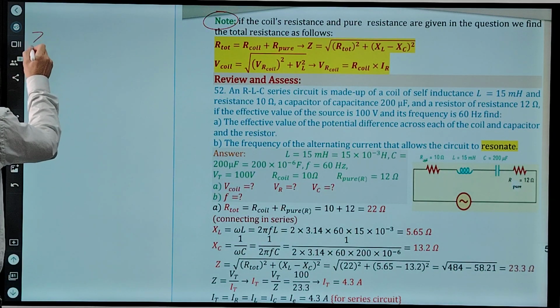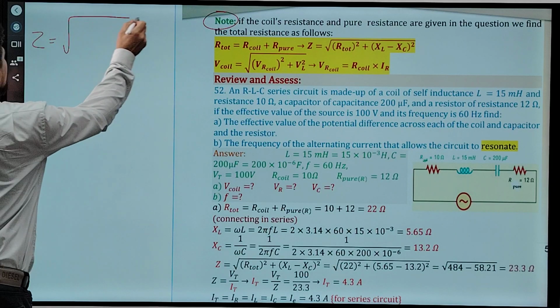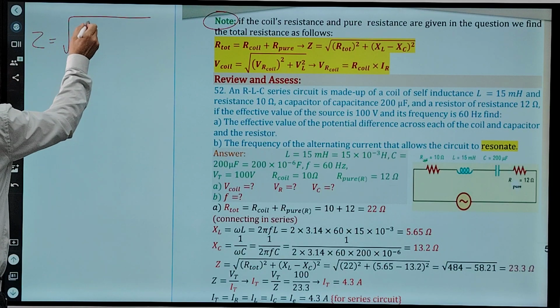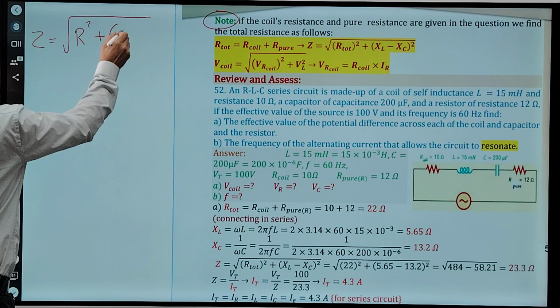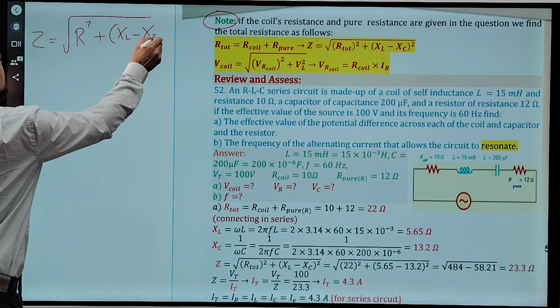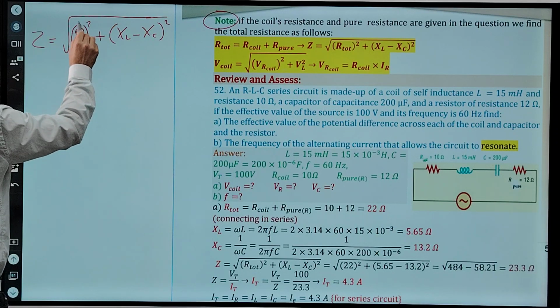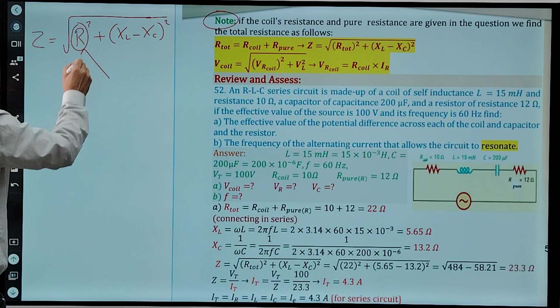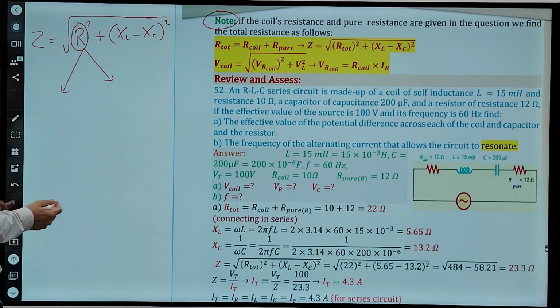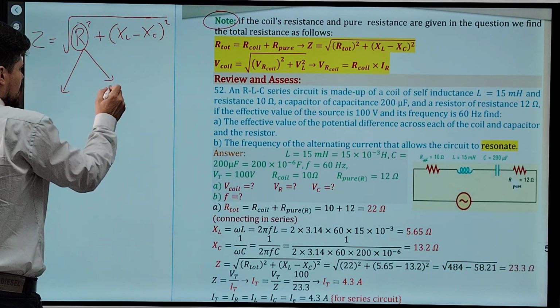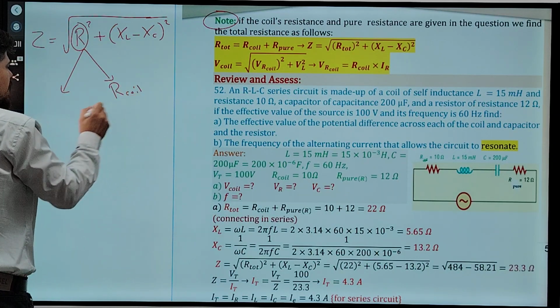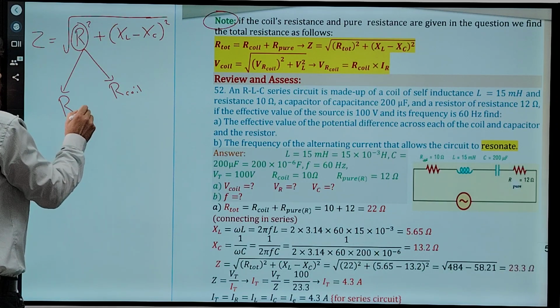Why? Because total impedance is equal to the square root of R squared plus (XL minus XC) squared. So is this resistance the resistance of the coil or the pure resistance? Both. So this is the resistance of the coil and the pure resistance.